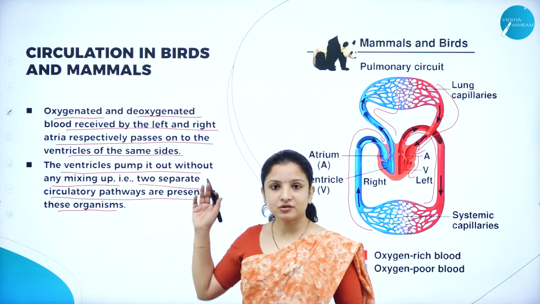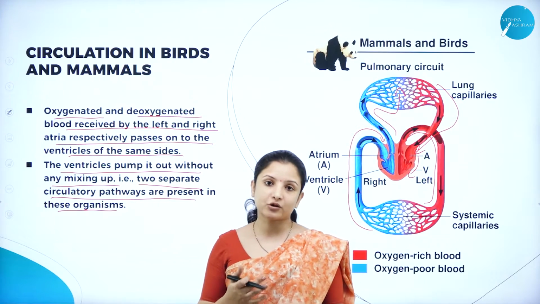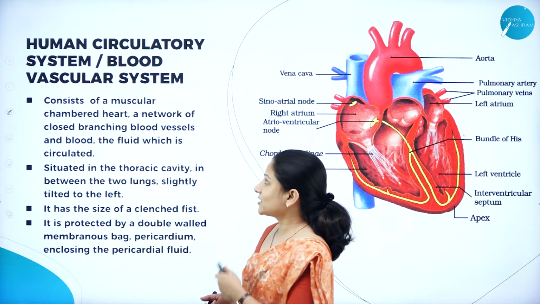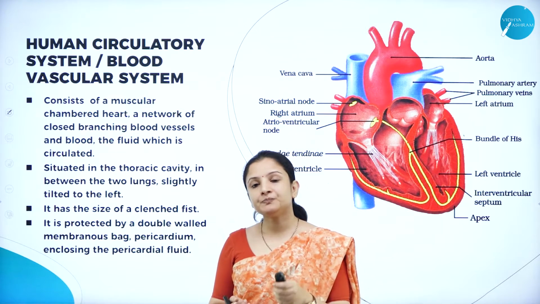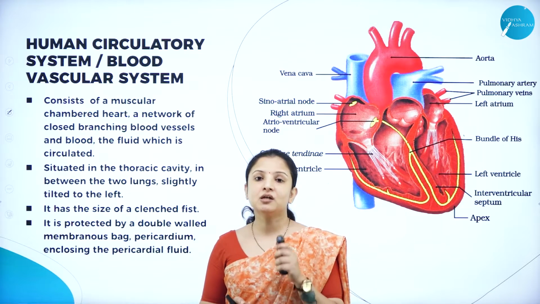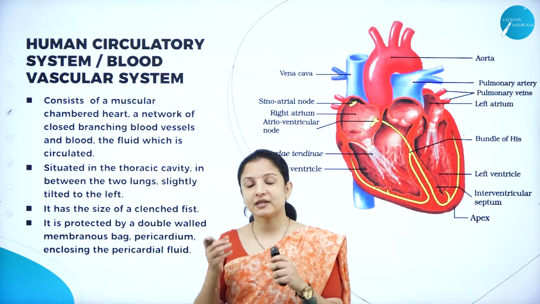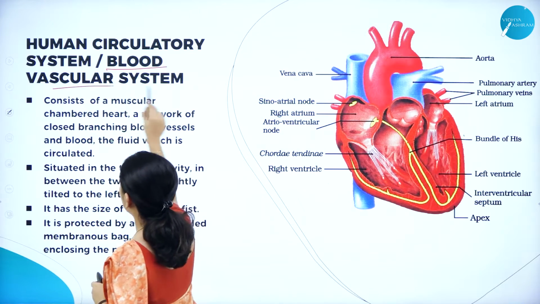So since you have understood so much, now it will be easy for you to understand the circulatory pathway in human beings. We shall study the human circulatory system. In this system, blood is the liquid that actually flows and carries the oxygen. It is also called the blood vascular system.